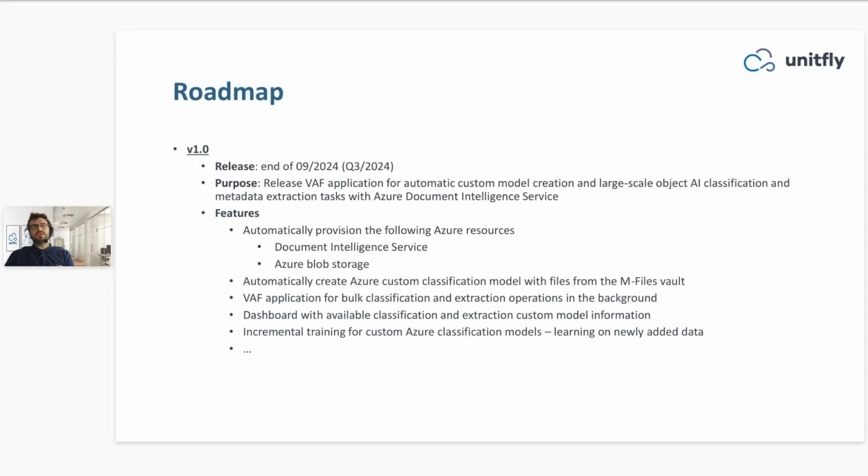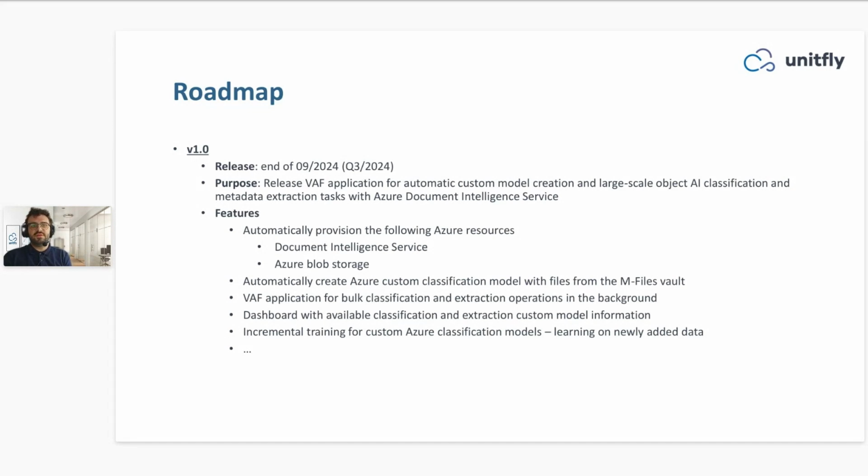So, for example, if you want to, you can add more examples to your custom model so the classification works better. Let's say there is another type of invoices that you are trying to classify, but you are not satisfied with the classification outputs that you already get from the custom models. Then you will do incremental training on your model so that you get better classification results.